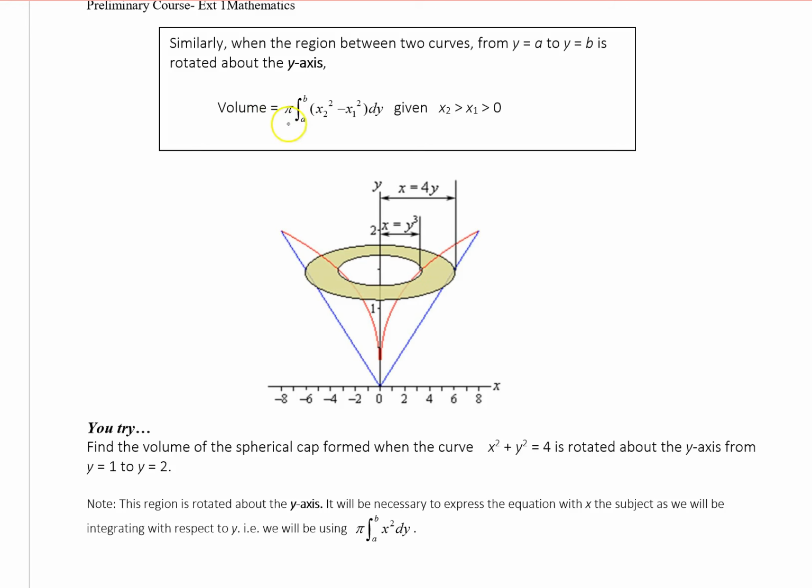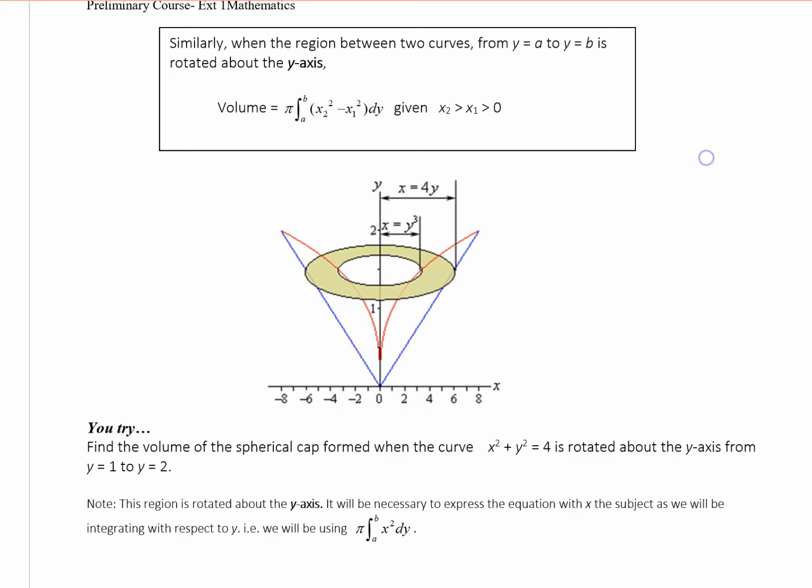And we know that the volume around the y-axis is pi times the integral from a to b of the top function, which is the one to the right, squared, minus the one underneath it squared. And of course we've got our formula in terms of y's. We've made x the subject, and that would give us the volume.